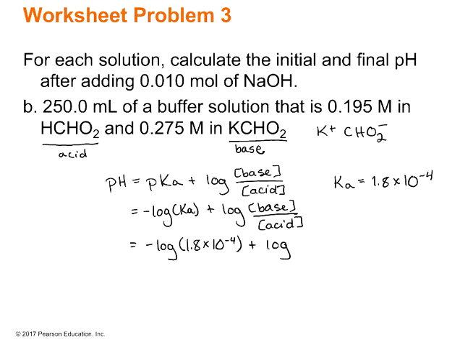And we can plug in the concentrations of the base, which was 0.275, and the acid, which is 0.195. So once we plug in those values into our calculator, we should get a pH value of 3.89. So that is our initial pH of the buffer.